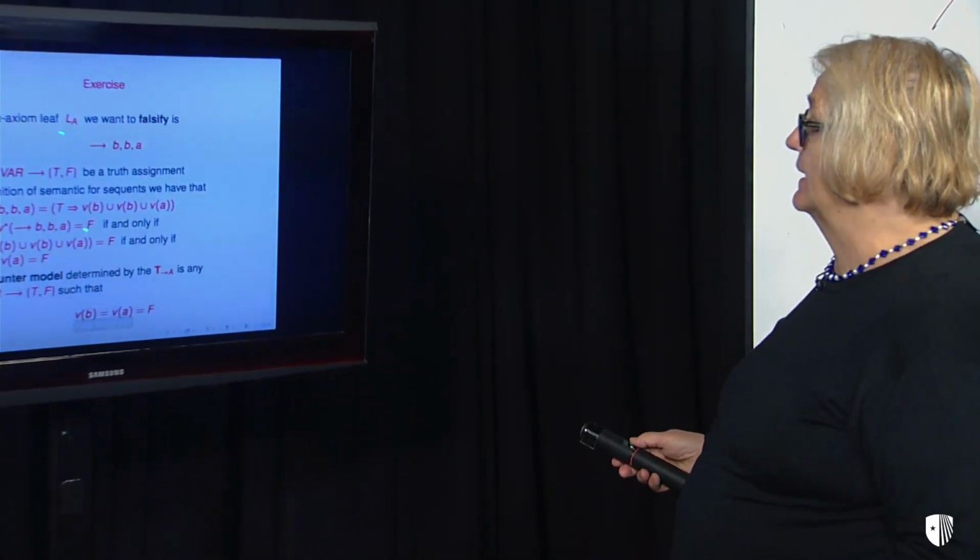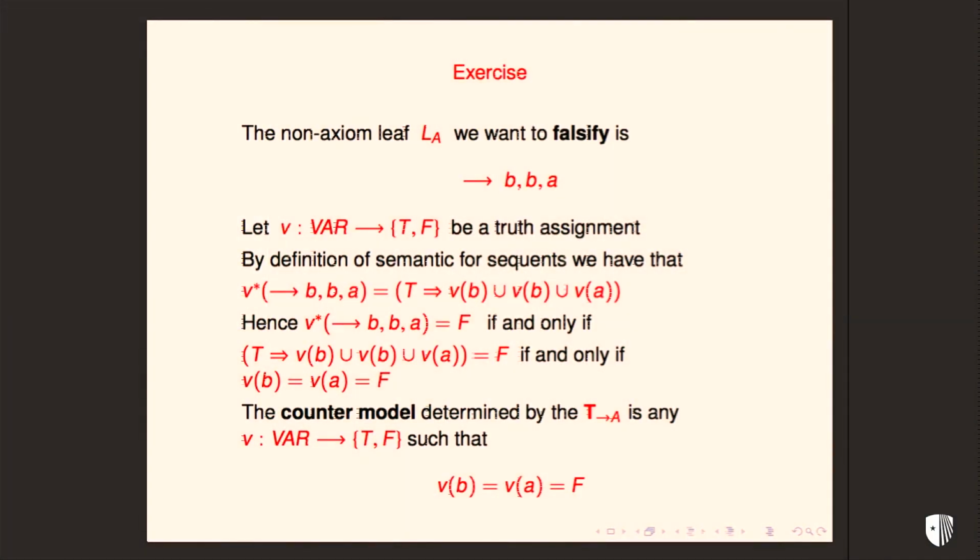It means that I want to have V, which V star of the sequent is F. But by definition of semantics, if that part is empty, it is represented by T. So you have T implies value of B, value of A. So that is F if and only if that part is F. So it means that the disjunction has to be F. It means that the value of B has to be F, and the value of A has to be F. So that would be a contramodel.